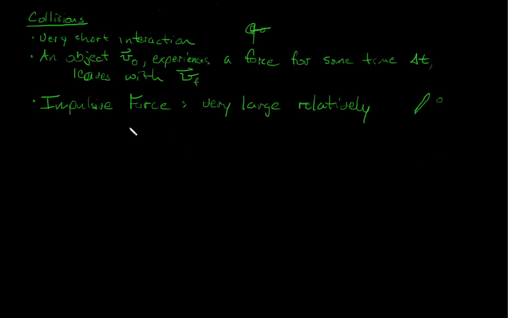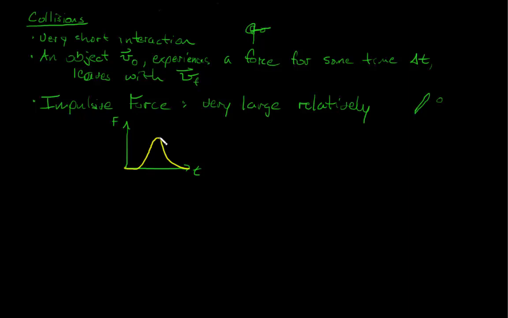And so if we were thinking about a force graph during the interaction, we could have some force over time. There's no force being applied, and then the objects come into contact, and the graph reaches a peak, and then it comes back down on the other side. That's what you see with the deformation.